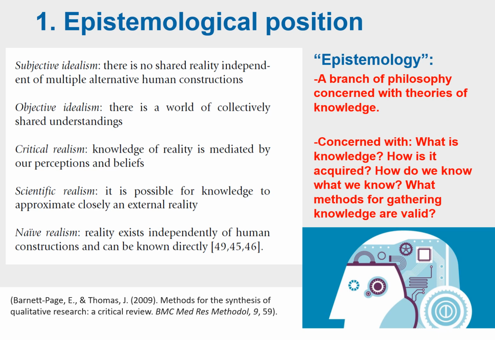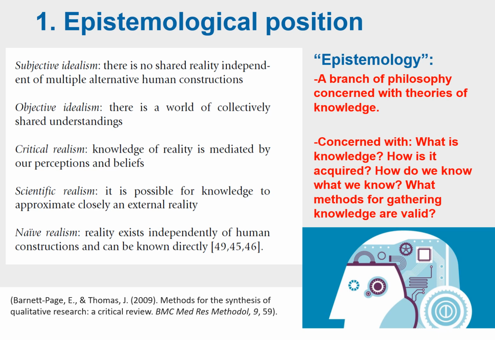So on the one end of the spectrum, we have what might be referred to as a subjective idealism epistemological position. And this is really based on an idea that there's no shared reality independent of multiple alternative human constructions.